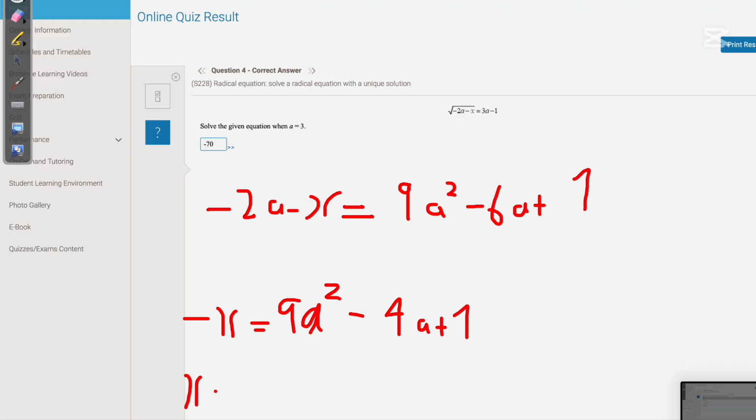So x is equal to negative 9a squared plus 4a minus 1. Now they want when a is equal to 3. So negative 9 times 3 squared plus 4 times 3 minus 1, sorry, which will give us negative 70.